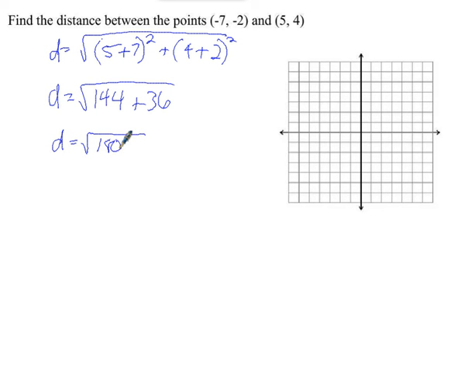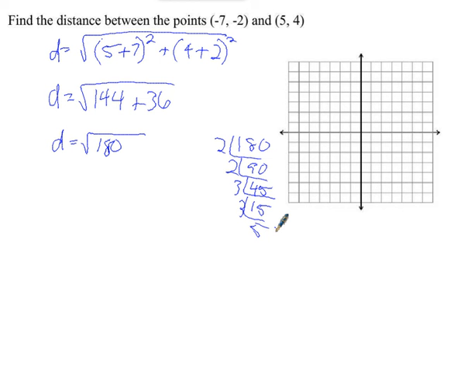Now, we need to make sure that our square root is simplified, which means that there are no perfect squares that go into 180. What's that? 36 and 5. You want your biggest perfect square that goes into 180. If you can't think of those perfect squares, just do this. Off to the side, 180, and just start doing the prime factorization. 2 and 90, 2 and 45, 3 and 15, 3 and 5. And you can do those in any order.